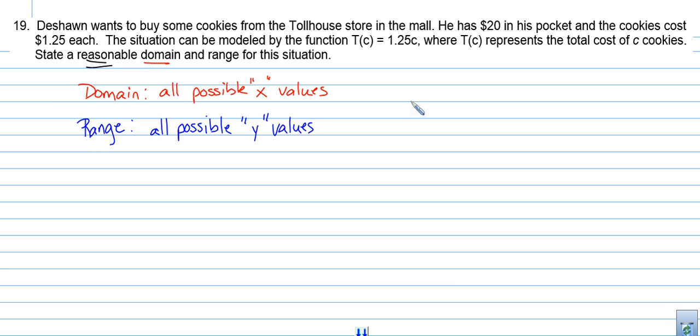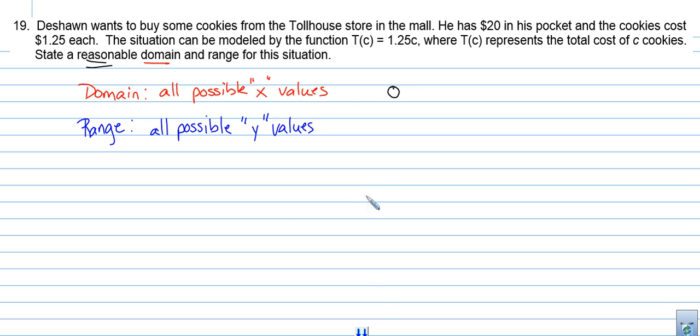But in real life, what's the least number of cookies he can buy? Well, he could buy one cookie. That'd be the lowest he could technically purchase. But he could also choose to buy 0 cookies.